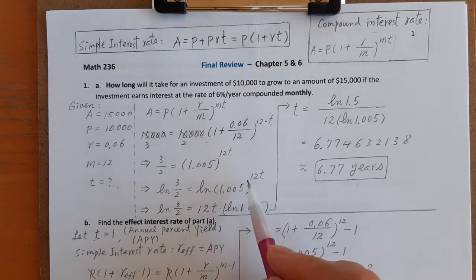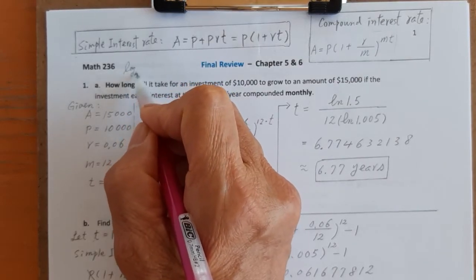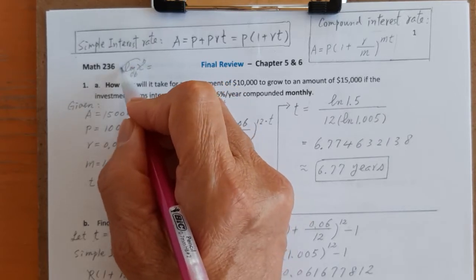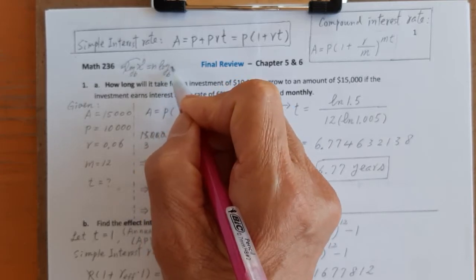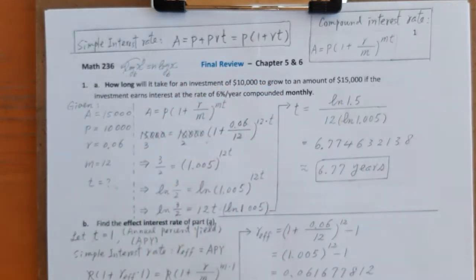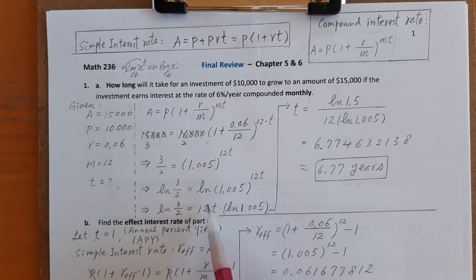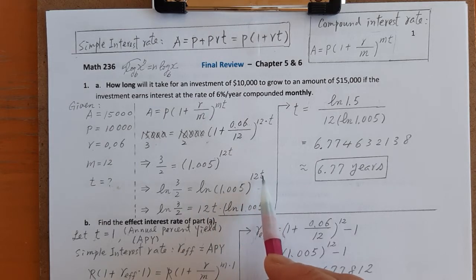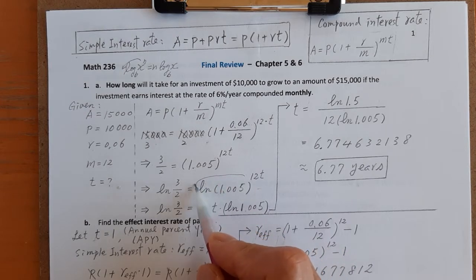Then use the power rule: log base b of x to the power n gets n times log base b of x. Here ln is log base e, and x to the power n, where n is 12t, so 12t comes down.